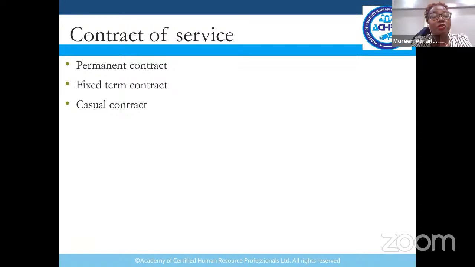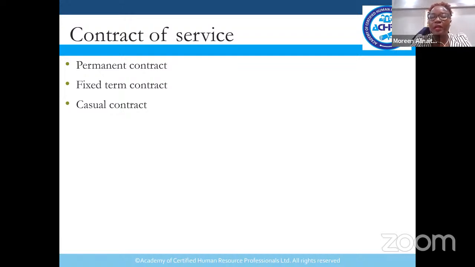We also have the casual contracts. These types of contracts are for people who work on a day-to-day basis and are paid on a daily or weekly basis. These types of contracts can also be attributed the rights and obligations as envisaged in the Employment Act. So it doesn't mean that just because somebody is working casually, they are not governed by the Employment Act.